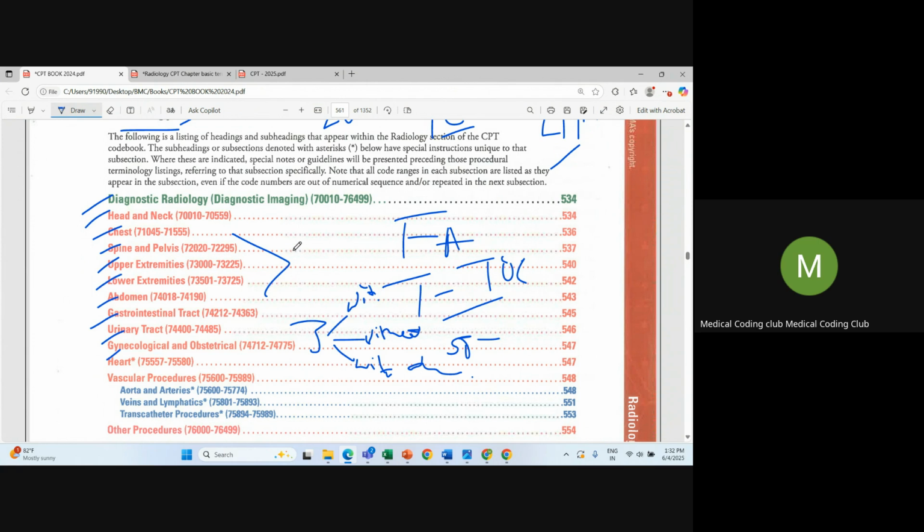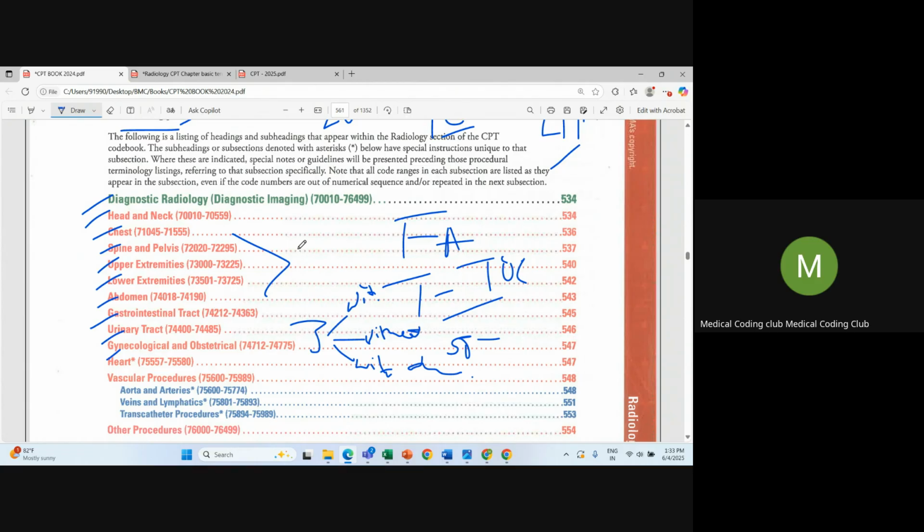One more important coding tip: when they specify contrast material being given orally or rectally, both being natural openings, so if they just give contrast material to swallow or consume orally, or inject it rectally, then we should always go with without contrast material.